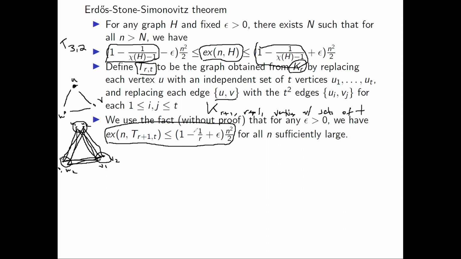And the claim is that the Turan extremal function of that graph is less than or equal to (1 minus 1 over r plus epsilon) times n squared over 2.